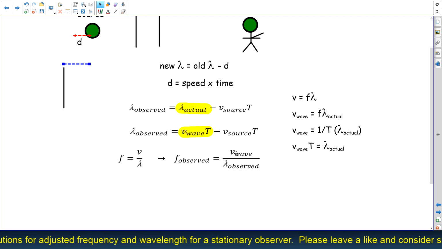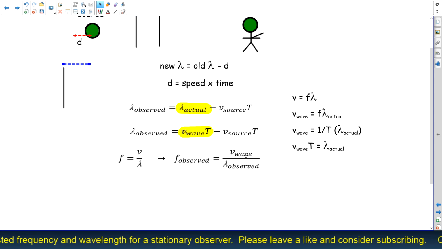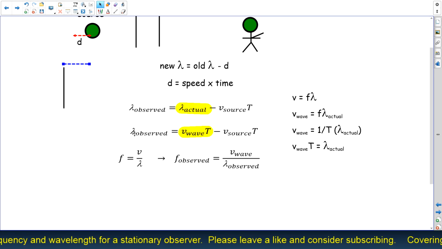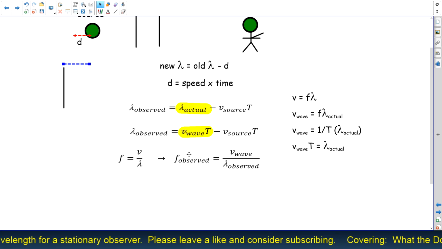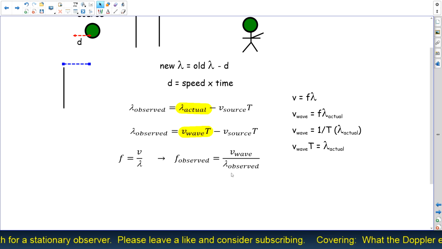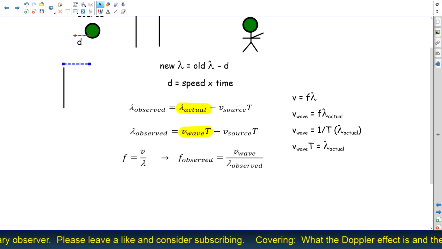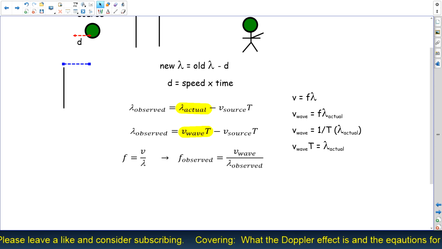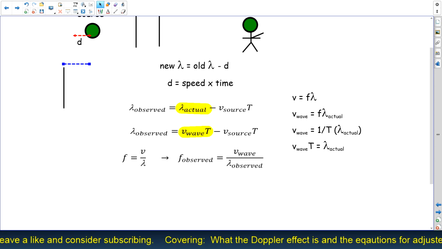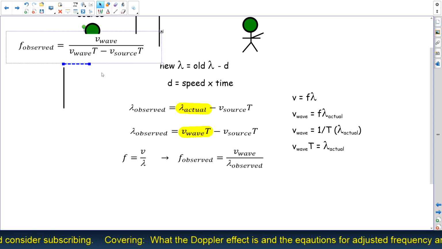It's not the observed speed because remember the speed of the wave is always just the speed of the wave. That sound wave travels at 330 meters per second, that's that. Light wave travels at 3 by 10 to the 8 meters per second, that's that, regardless of whether you're moving or not. That allows us to replace lambda observed, because we can cross multiply here to give us lambda observed equals v wave, and that gives us this equation.